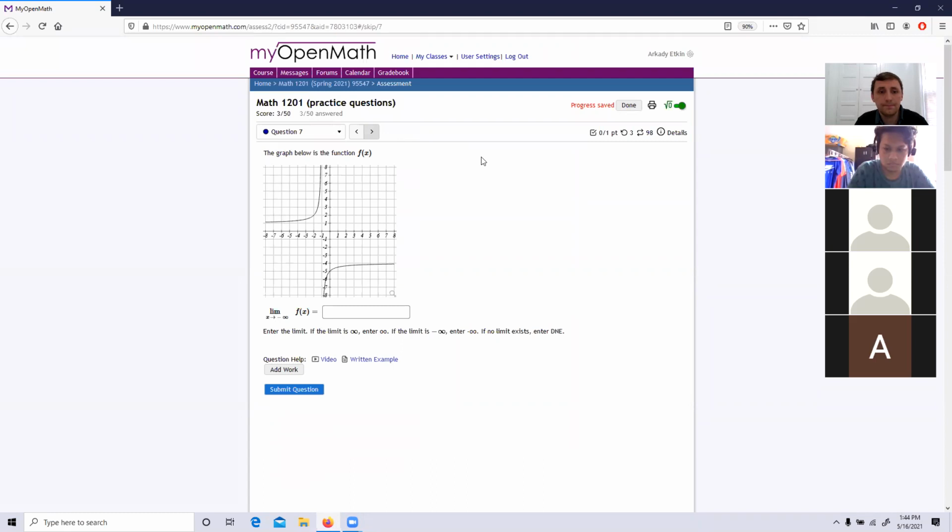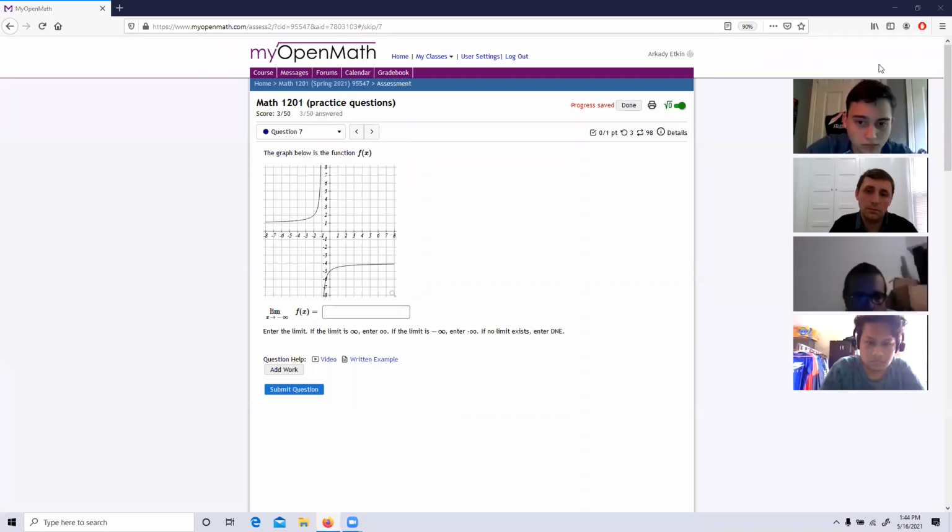Question 7. What does it look like is the limit as x goes to minus infinity? Very good.